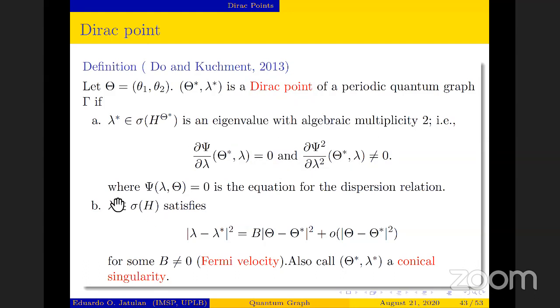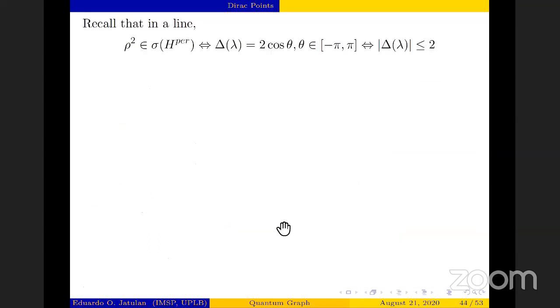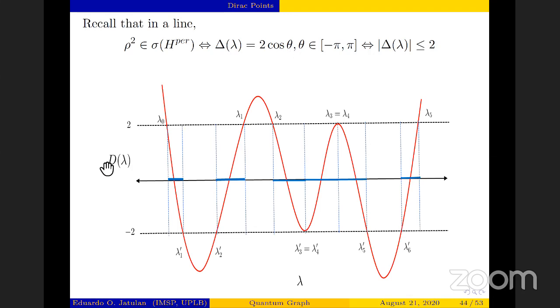And around this point, we satisfy this conical singularity. So we have a conical equation around this given point, given by this. Okay. So we recall the line. We mentioned a while ago that we have this, and the Hill discriminant, this should be lambda.